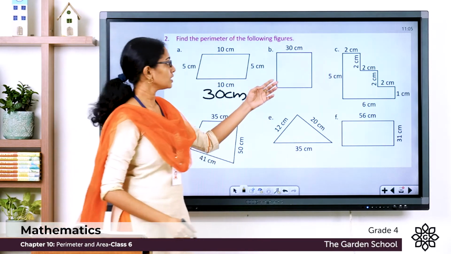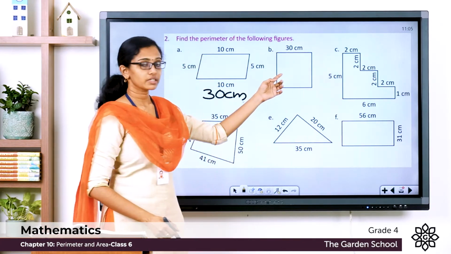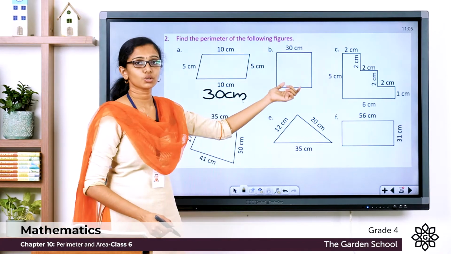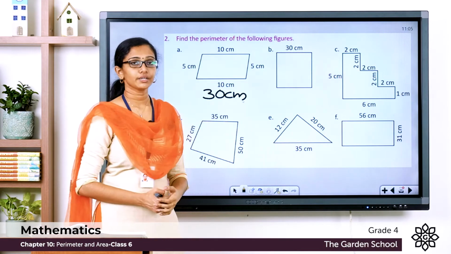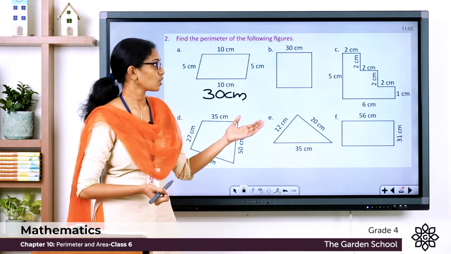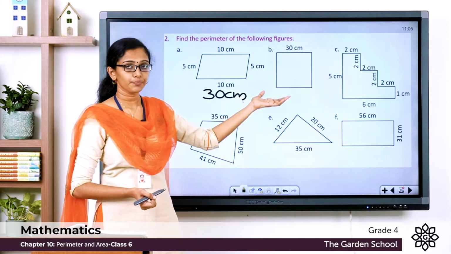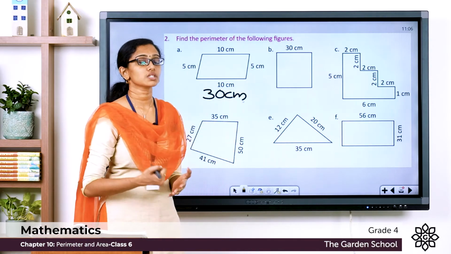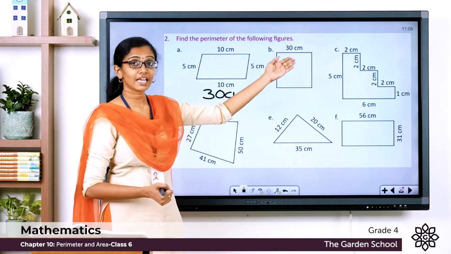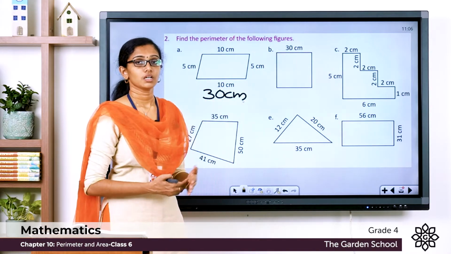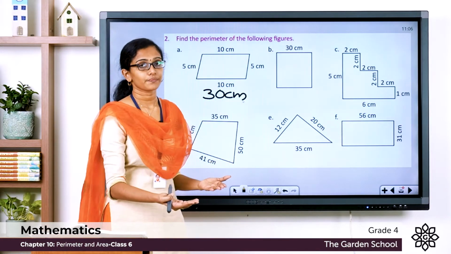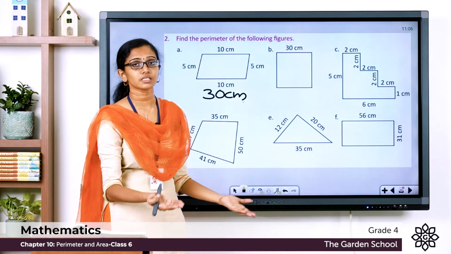Now question B, you have got a figure here and it seems to be a square, and it has got a side of 30 centimeter. So for a square, since all the sides are the same, to find the perimeter, what is the formula? We are adding the same side 4 times: side plus side plus side plus side, which is equal to 4 times the side.